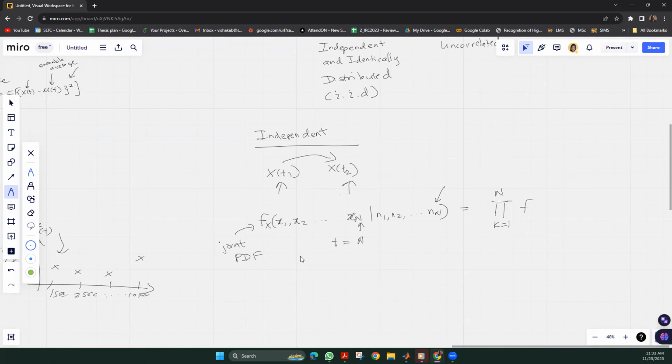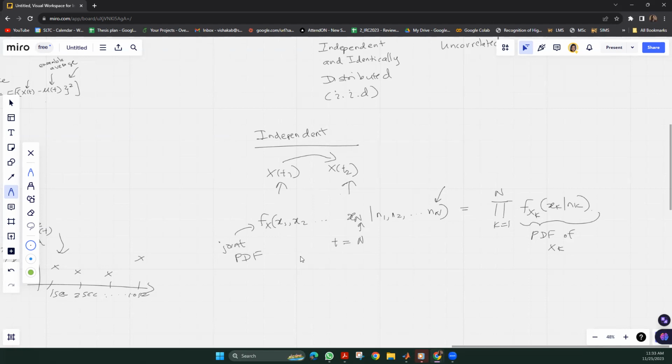We take the probability density function of each variable, then multiply them over all the random variables we are considering. So this is the random variable xk and the probability density function of xk.